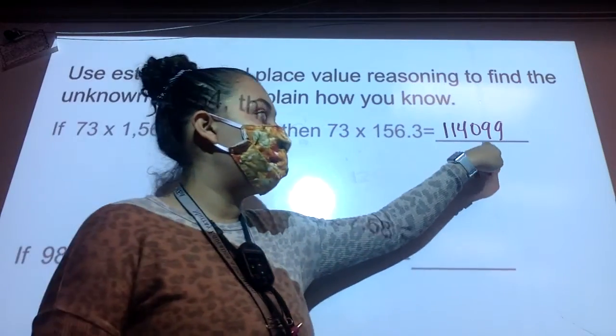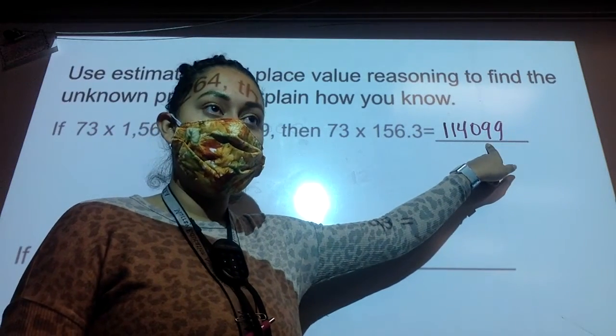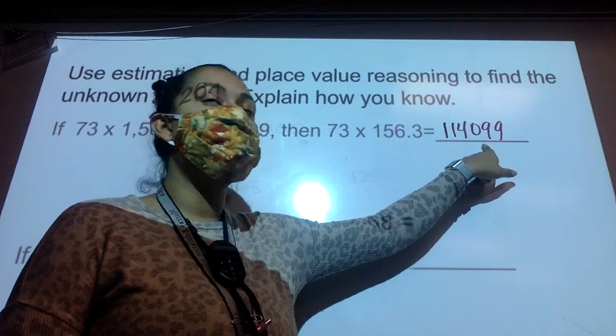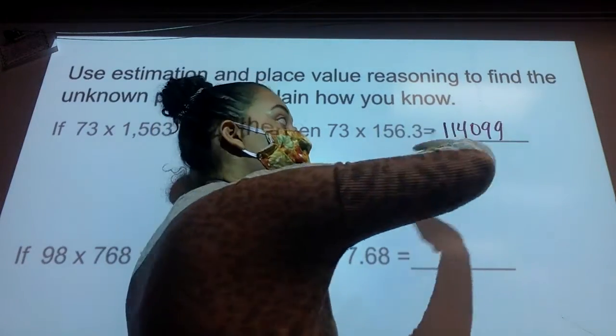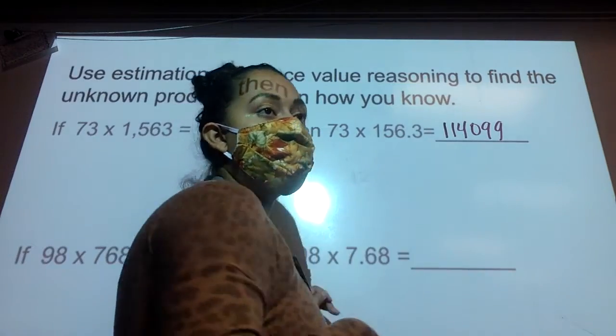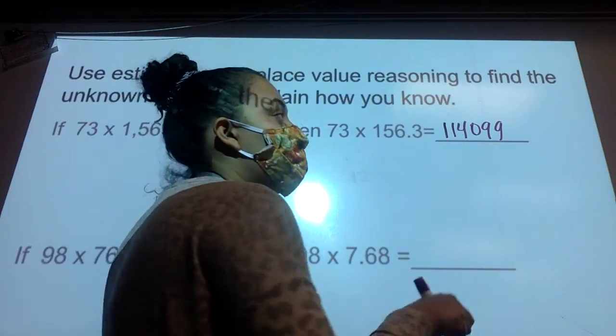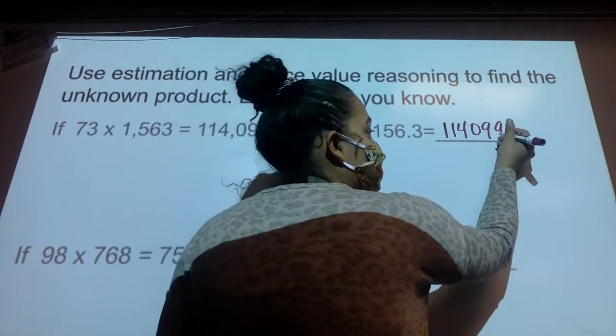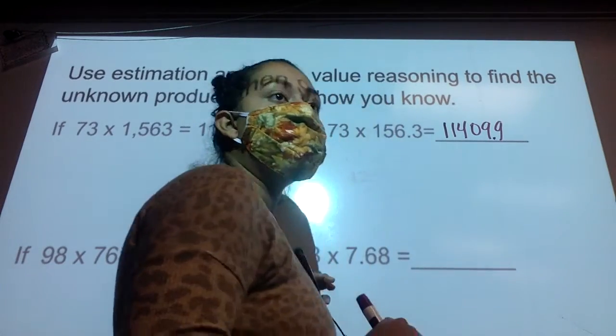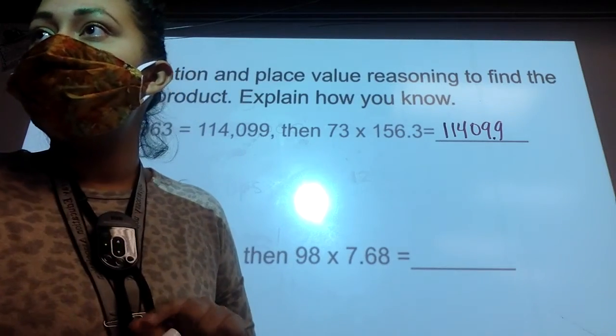So that means our product in this answer will be in the tenths. So the last digit all the way to the right will be in the tenths. Remember, the tenths is the decimal place right off to the right. That is our answer. Okay?